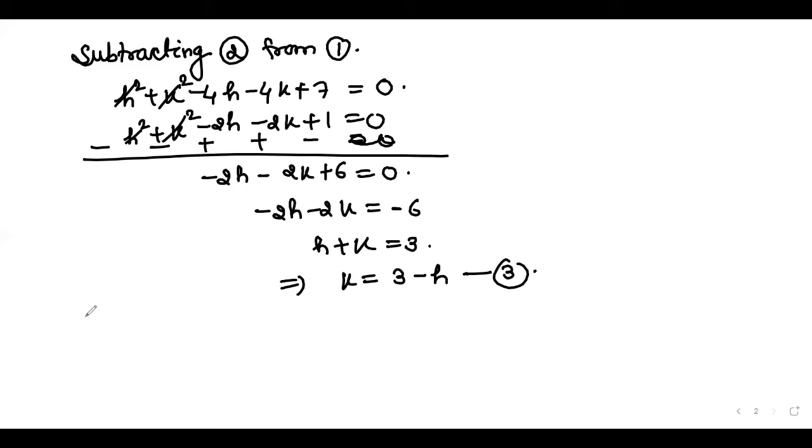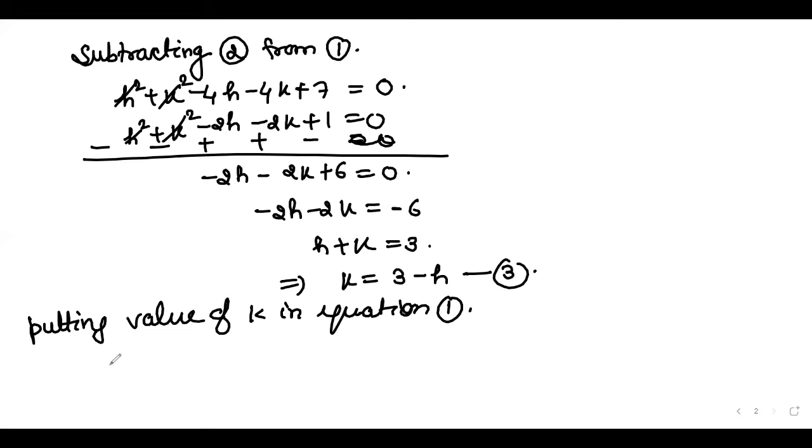Now putting this value of k in equation 1. So h square plus k square minus 2h minus 2k plus 1 equals 0.